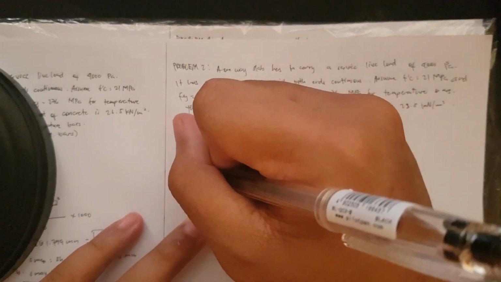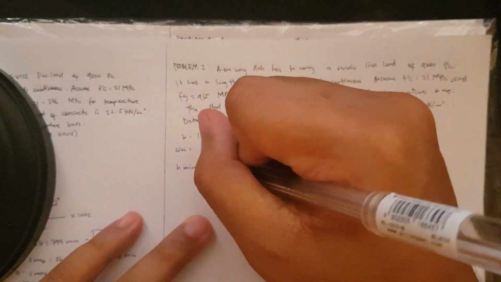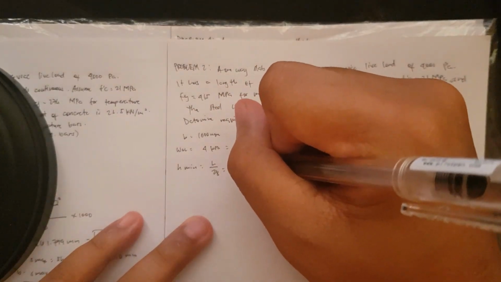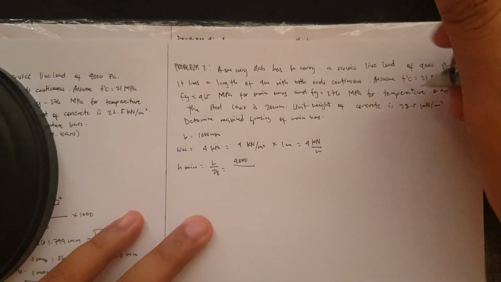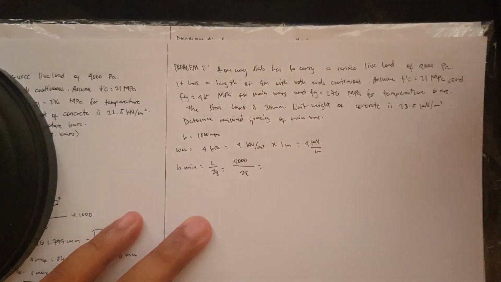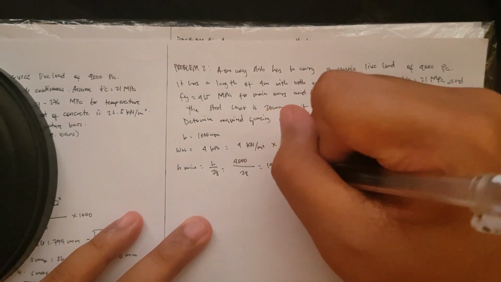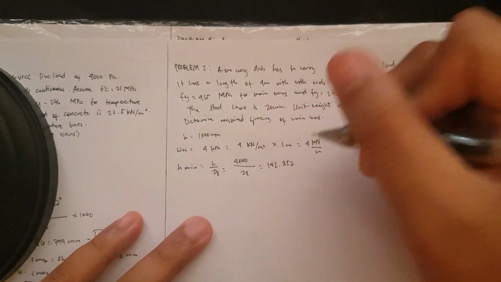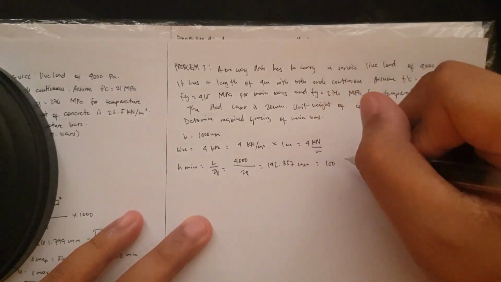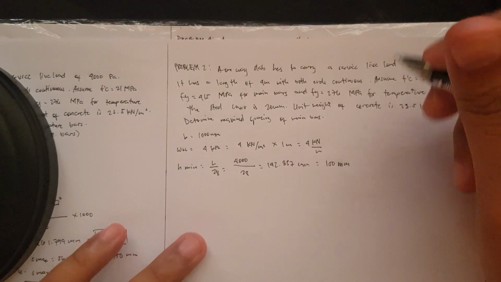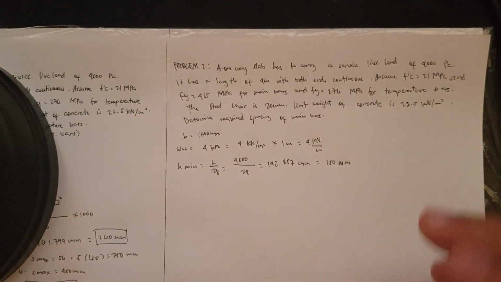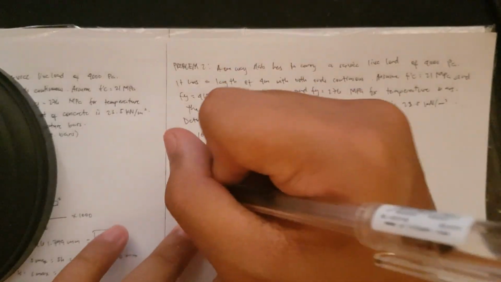So calculate ngayon natin yung minimum slab thickness. So h minimum is equal to L over 28. Yung L natin is 4,000, given yan. So divide natin siya sa 28 and makukuha natin sagot is 142.857 millimeter, or gawin natin 150 millimeter. So compute naman ngayon natin yung weight of the slab or yung dead load natin.